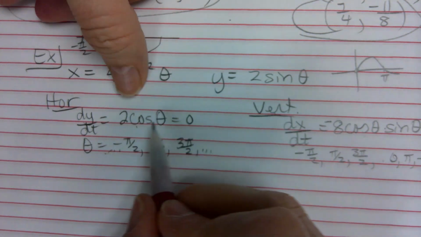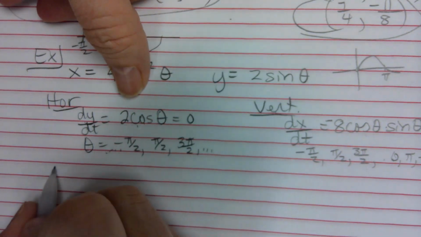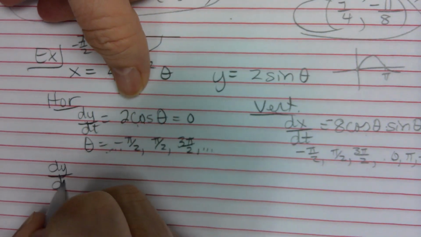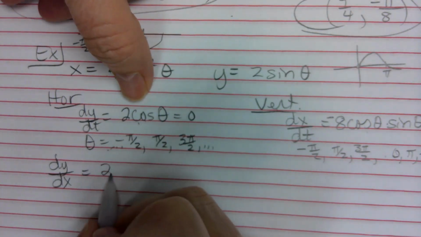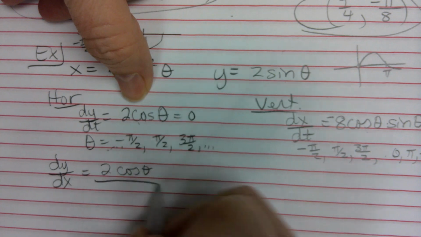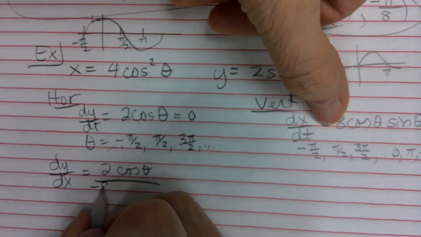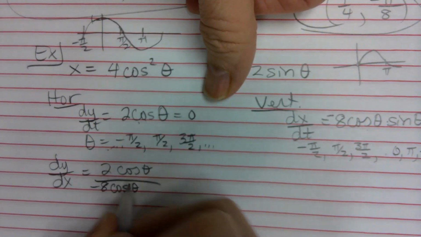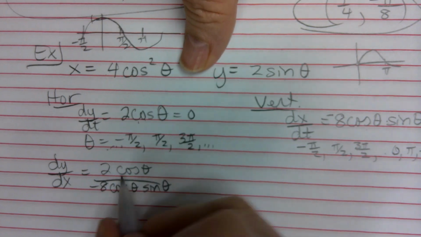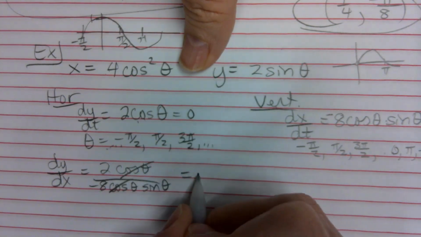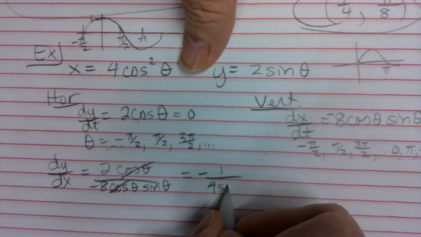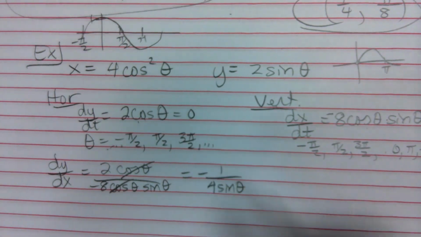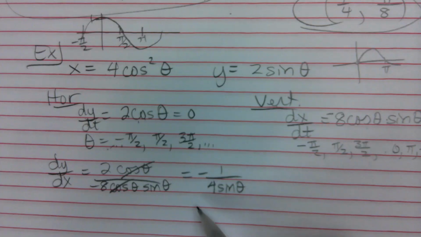If I said dy/dx, 2 cosine theta over negative 8 cosine theta sine theta, I got negative 1 over 4 sine theta. So we would not have any horizontal ones, would we?